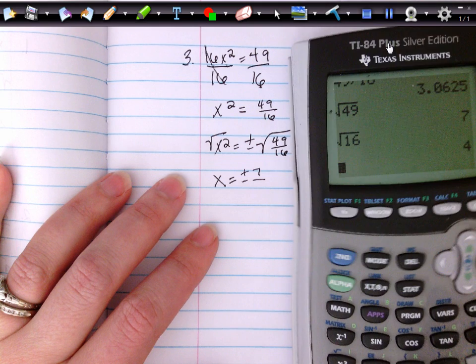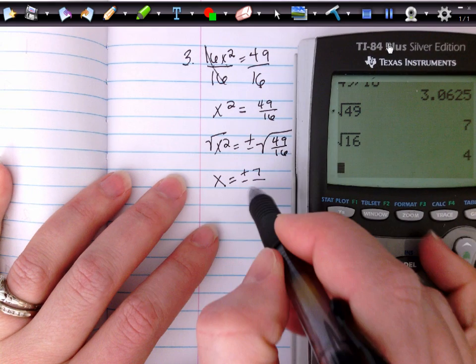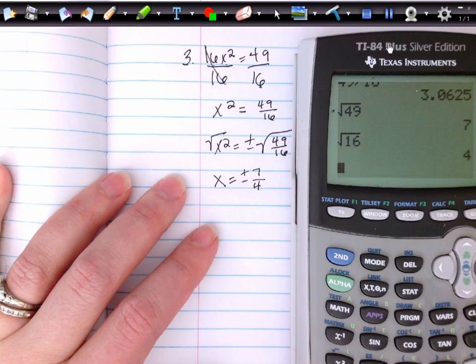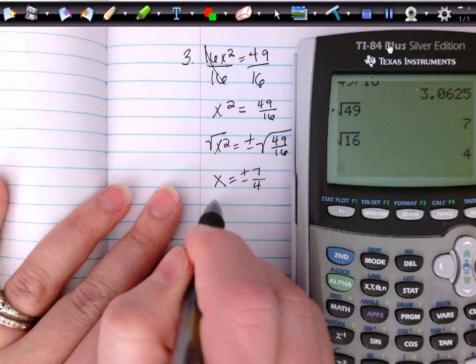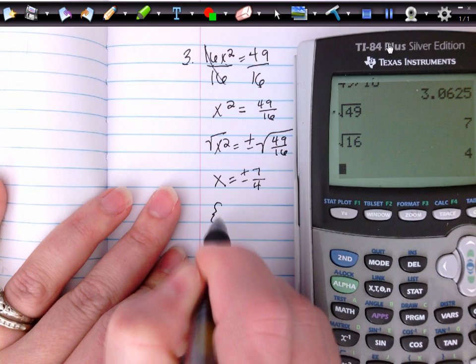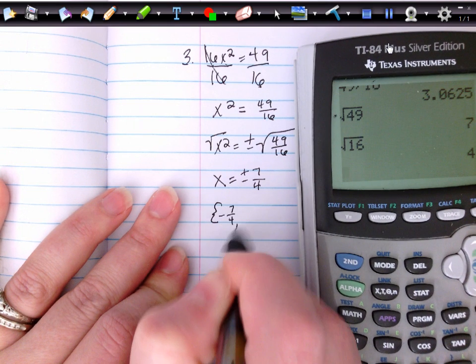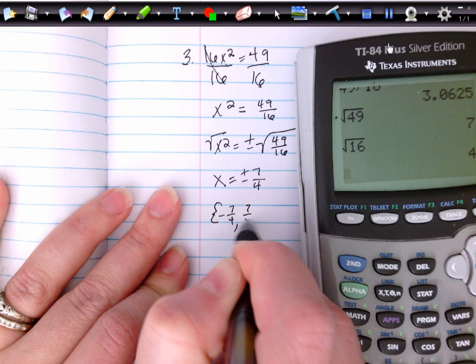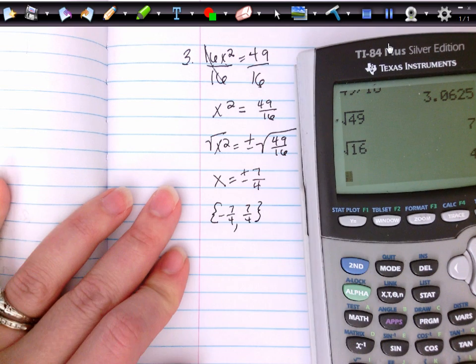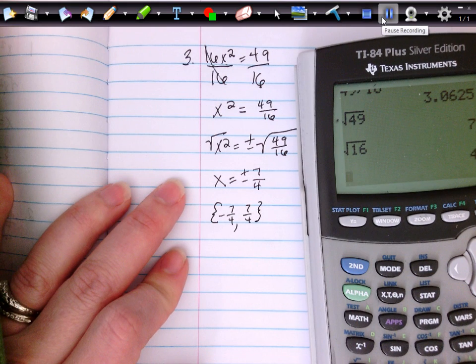Sorry, I thought the calculator was there. So I'm going to write that as 7 over 4. So I can say plus or minus 7 over 4. So in my squigglies, it's going to be negative 7 over 4, comma, 7 over 4. Make sure that you have that down before you move on.